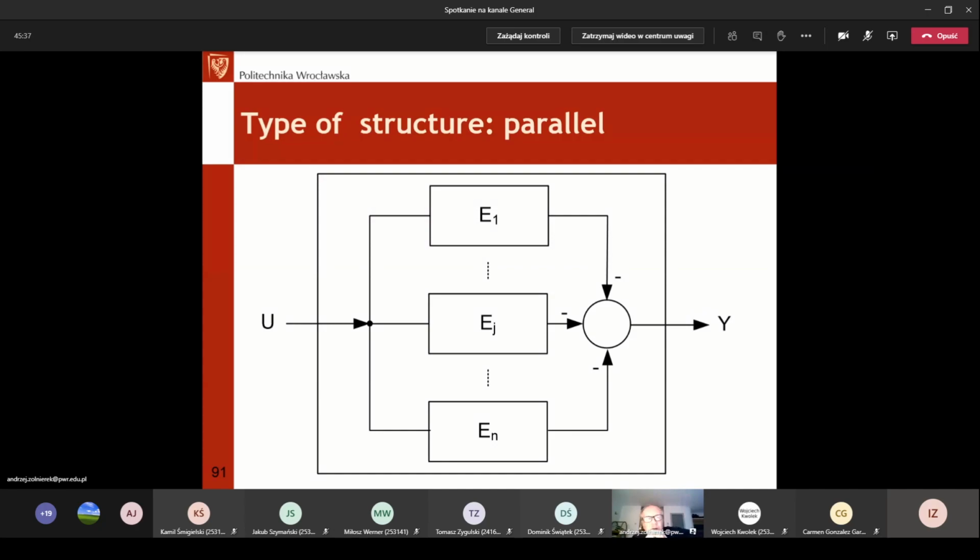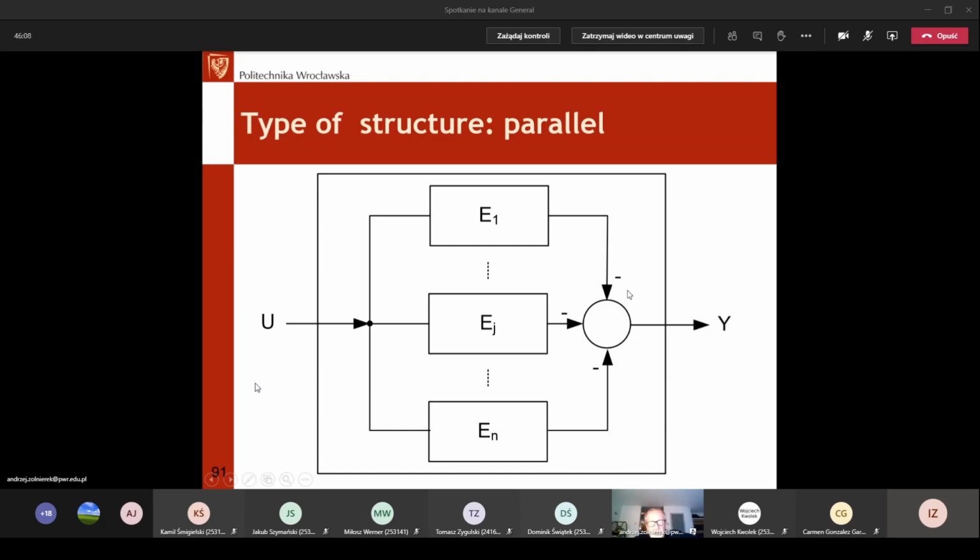Please take into account that this system of description is exactly the same as was proposed for a single element. We use the same notation, the same ideas of signal flowing, and so on. And of course, we can apply two methods of writing negative values.